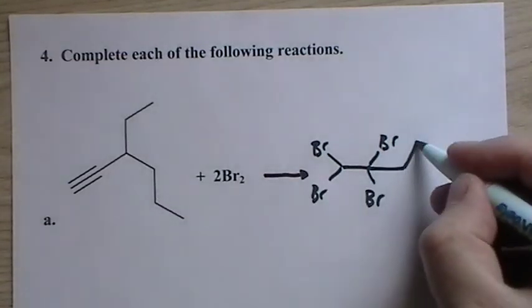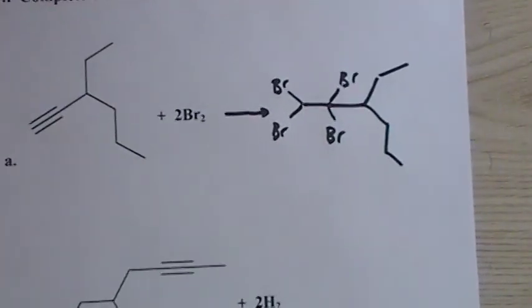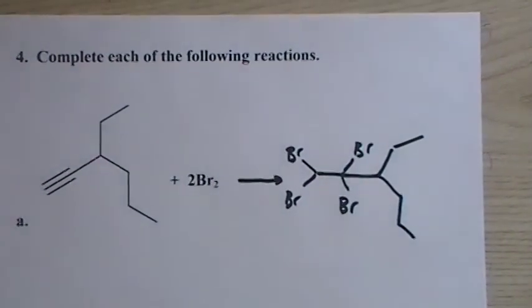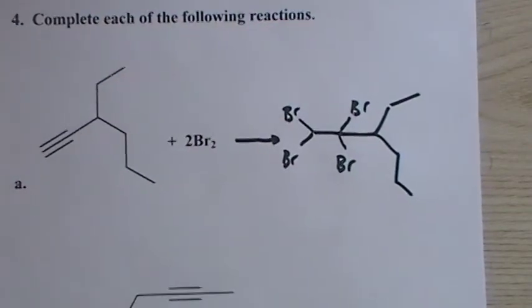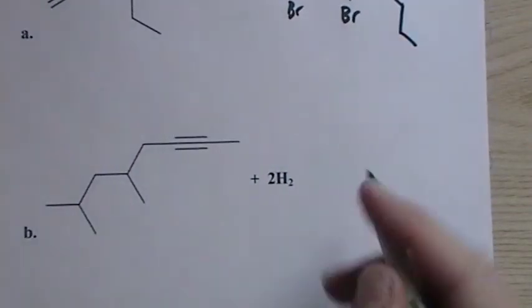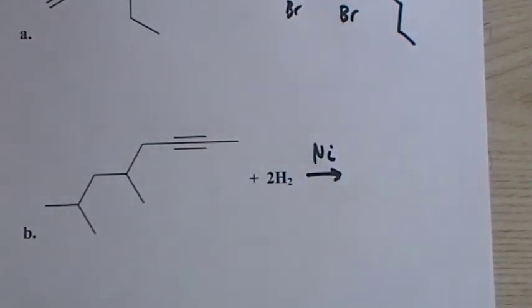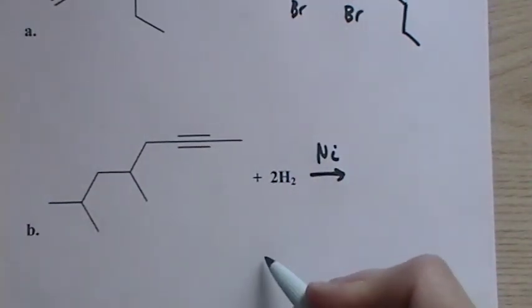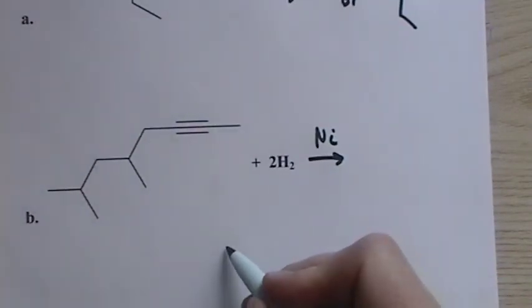For a double bond, we just need 1 bromine molecule to add across. Triple bond, we need 2. And then for this one, it's hydrogen, so we need a catalyst, nickel or platinum. You can even write catalyst, but you have to indicate that a catalyst is necessary. They don't state that for the halogen, so you don't need any.